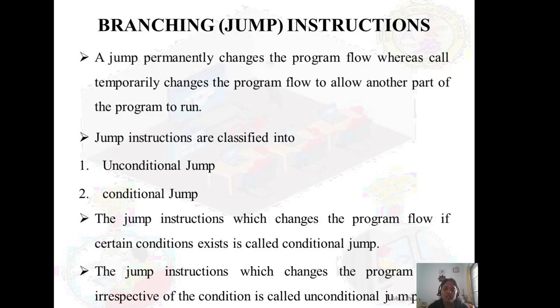But in case of conditional jump, the jump instructions change the program flow if a certain condition exists. For example, jump if carry is not equal to 0, jump if carry is equal to 1. If any condition is there, then we call it a conditional jump instruction. We will see in detail.